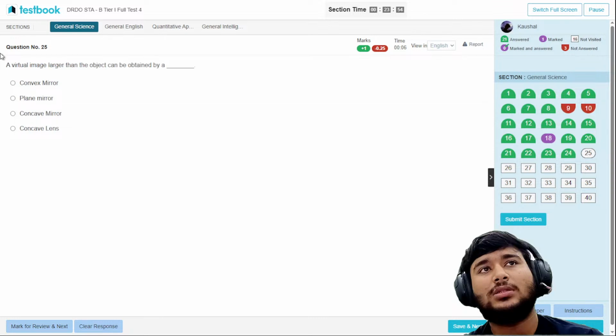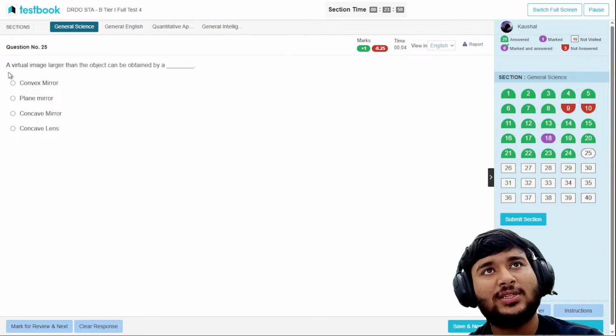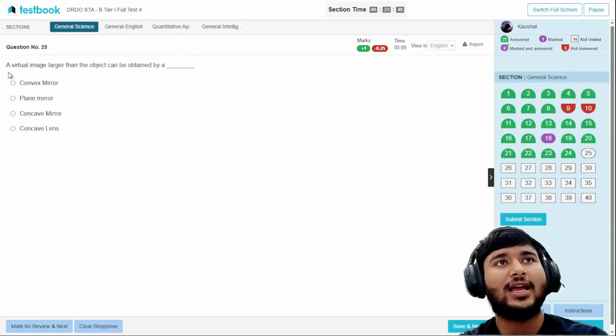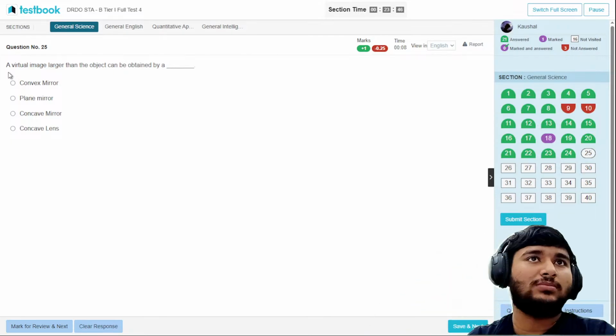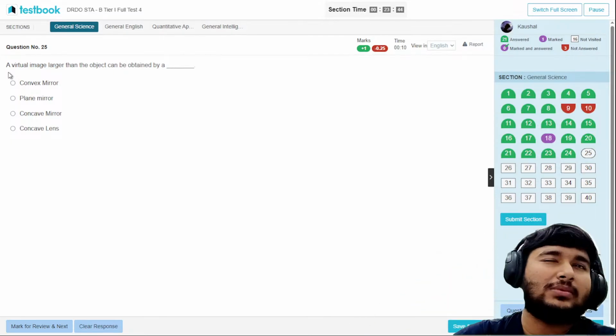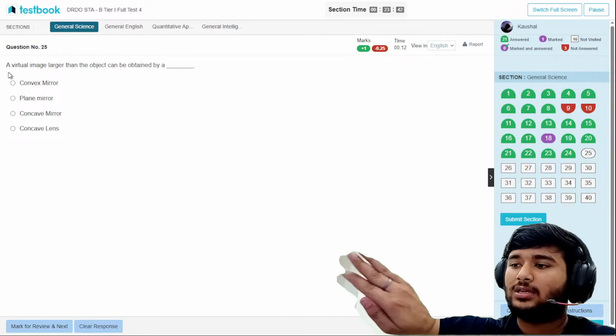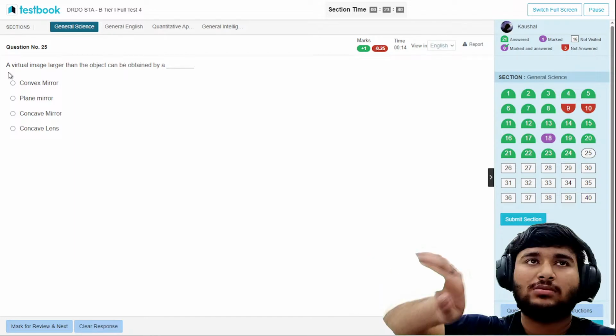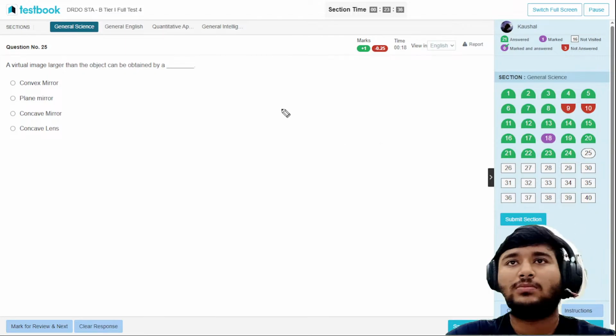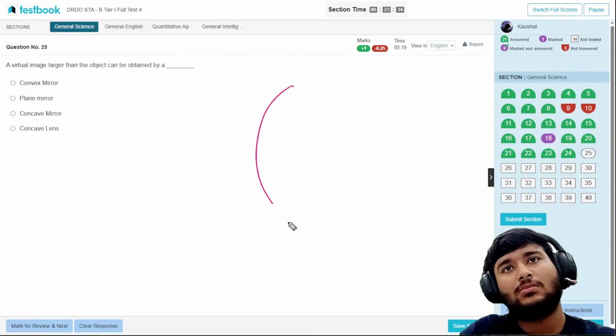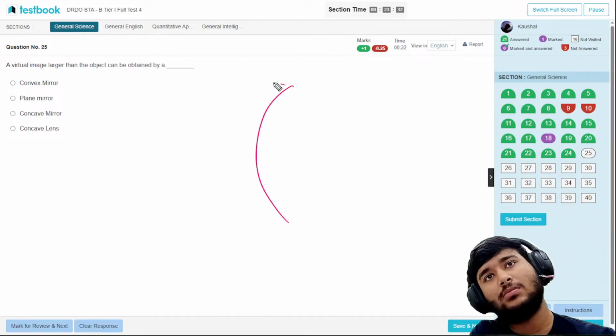Virtual image larger than the object can be obtained by a dash. Virtual image larger than the object can be convex. क्या बोलते हैं इसको? Convex mirror.